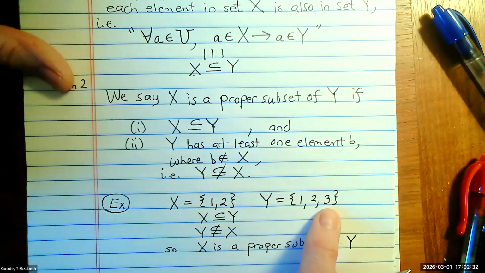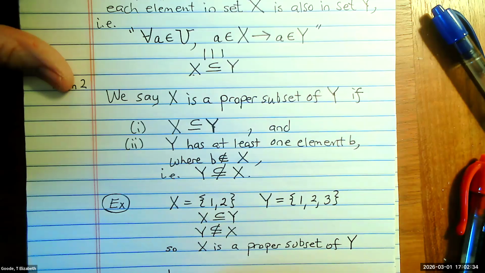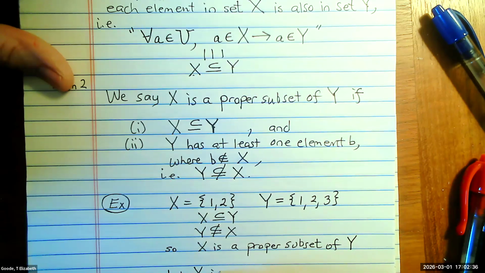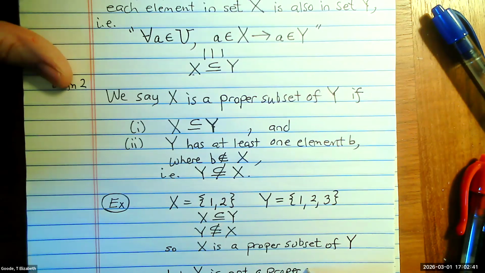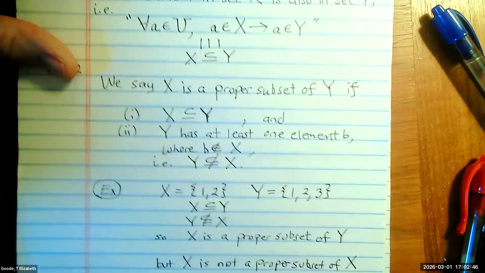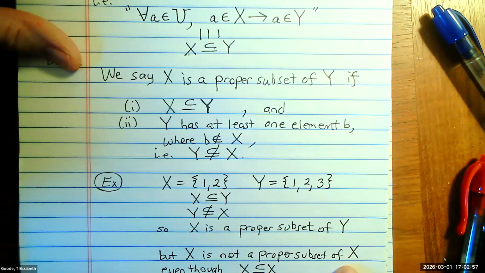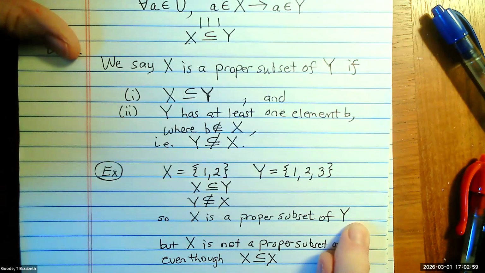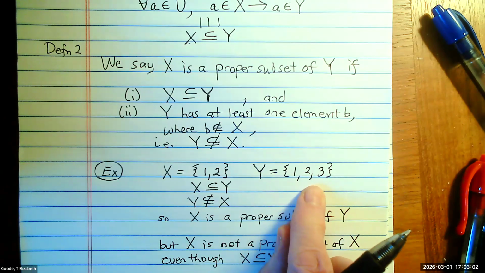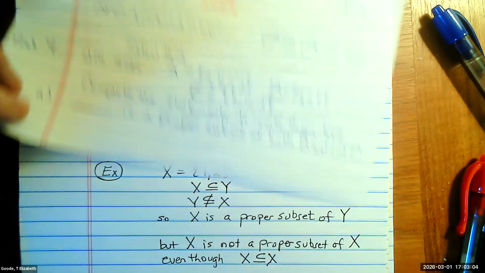Y actually has more than X. But X is not a proper subset of X because it has exactly what it has, even though X is a subset of X. X is definitely a subset of X, but it can't be a proper subset of itself. It can only be a proper subset of a set that's bigger. Okay? Does that make sense?